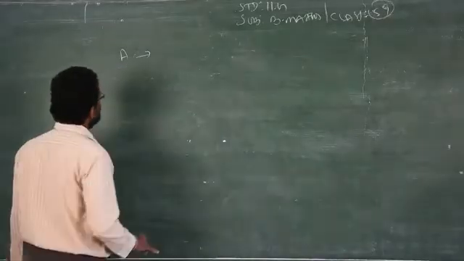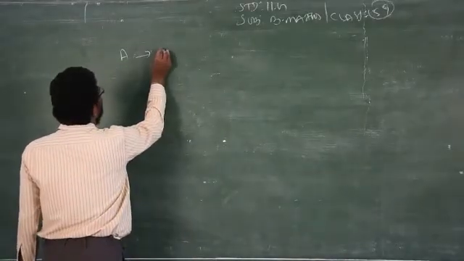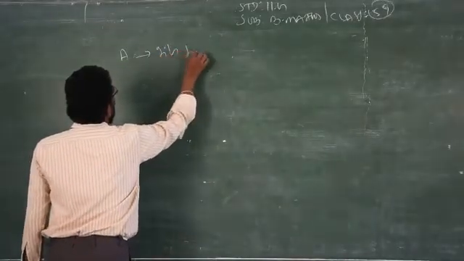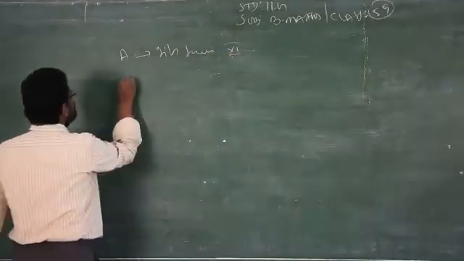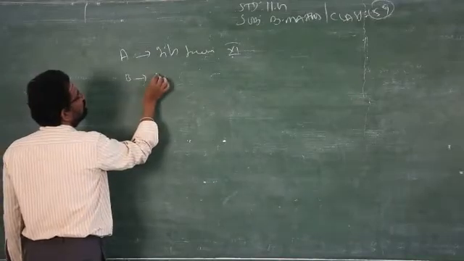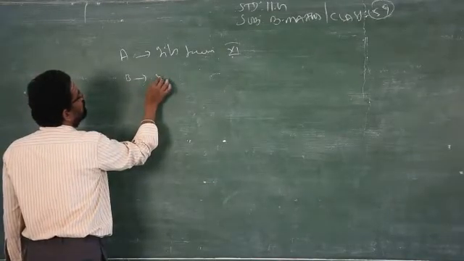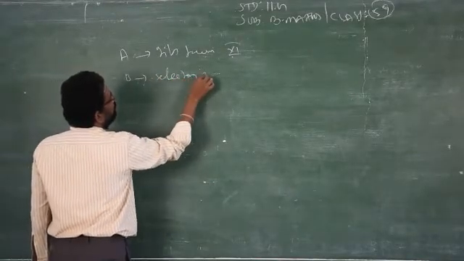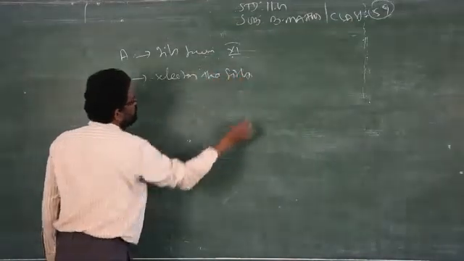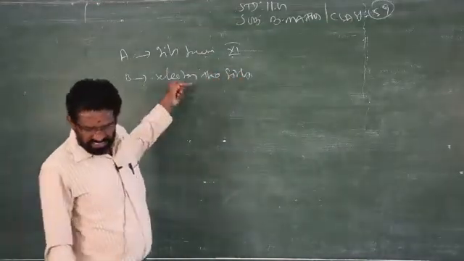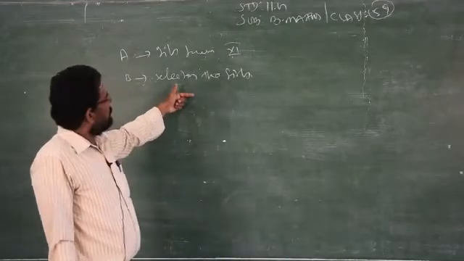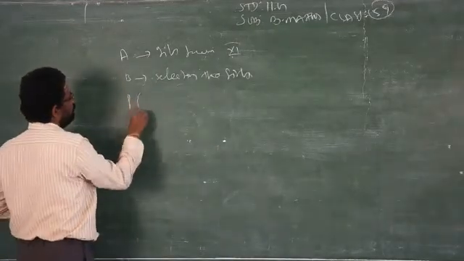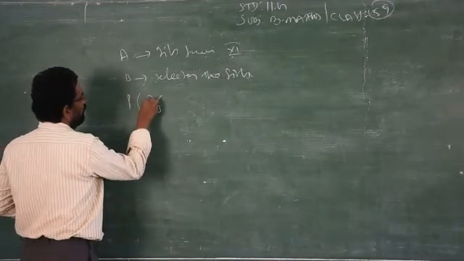Now I am considering A as the girl from 11th standard, and B as selecting the girl. Out of these two, which one is given? Selecting the girl is given. Clear? Therefore, you have to find out from B what is A.